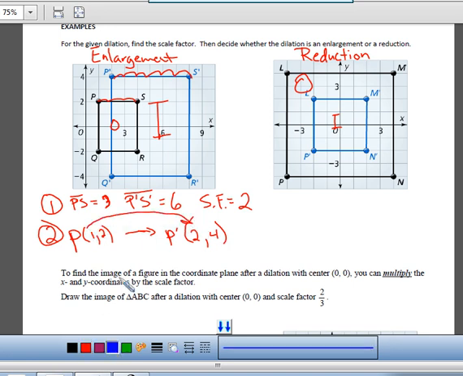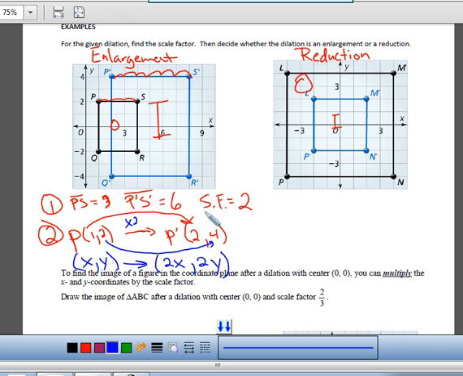Look at what happens with the y values. Again, we're talking about multiplying. 1 times what gives me 2? 2 times what gives me 4? And the answer is times 2. So, for a rule, we have (x, y) arrow (2x, 2y).